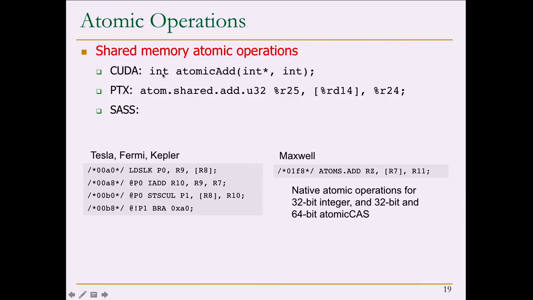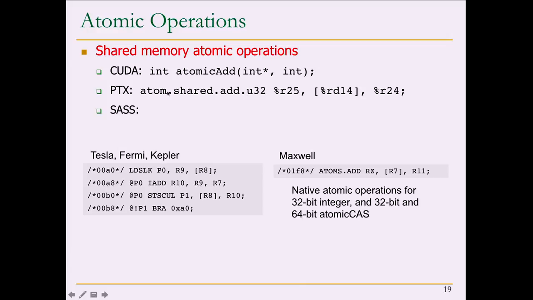This atomic add has an intermediate representation that is called PTX. PTX is like an intermediate language that NVIDIA has and is independent of the architecture. In this case, you see that this is an atomic operation on shared memory. In particular, this atomic operation is an addition on unsigned 32 bits.